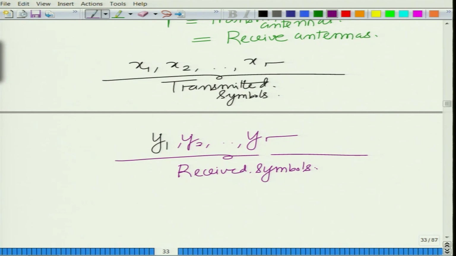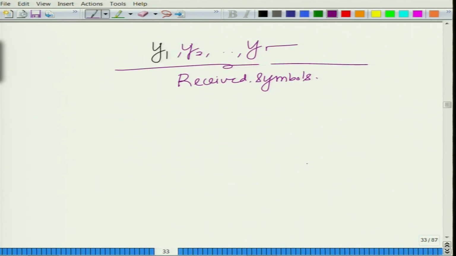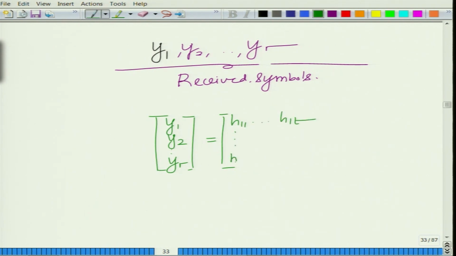These are the received symbols, and these are related by the channel as follows. That is, the model for the MIMO system is given as y1, y2, yr equals your channel matrix H, which is your channel matrix H11 up to H1T, HR1, HRT.